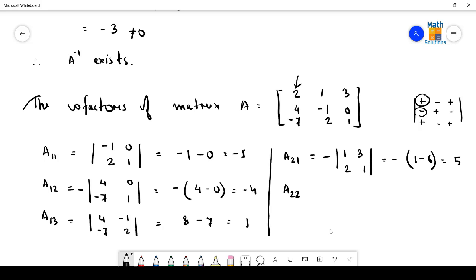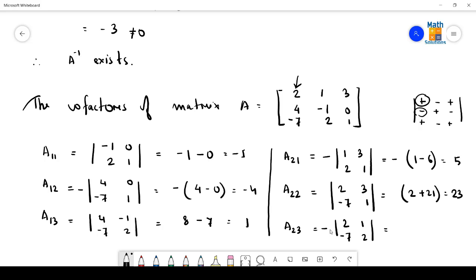Similarly A22 will be the determinant 2, 3, minus 7, 1, the result will come as 2 plus 21, it is 23. Then A23, this is negative of 2, 1, minus 7, 2, it is negative 4 plus 7, it is minus 11.